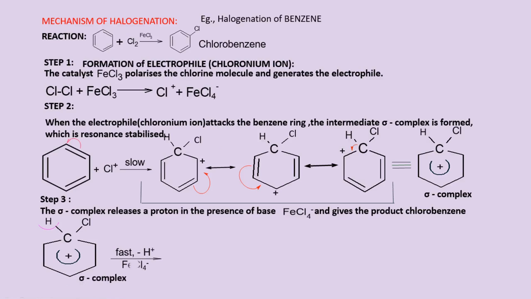Again this step is the fast step. The removed H plus combines with one of the Cl, so that HCl and FeCl3 are formed, and the final product will be chlorobenzene.